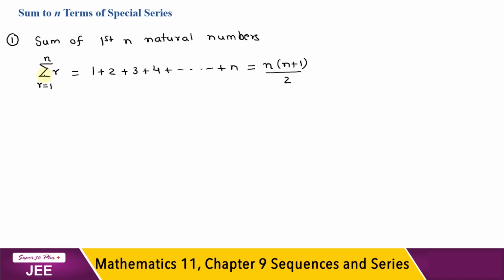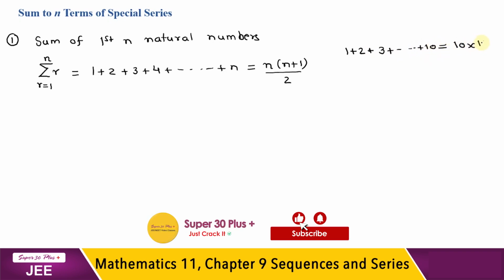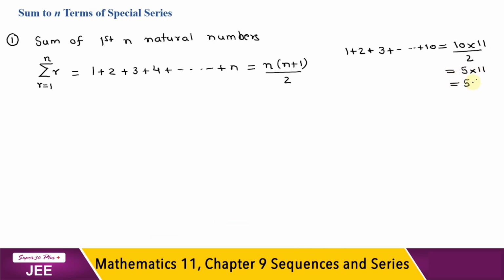For example, if we have to add the first 10 natural numbers, the sum will simply be equal to 10 into 10 plus 1 divided by 2, which is equal to 5 into 11, which is 55.